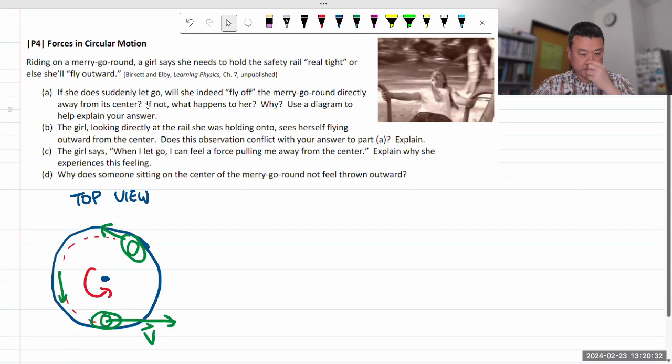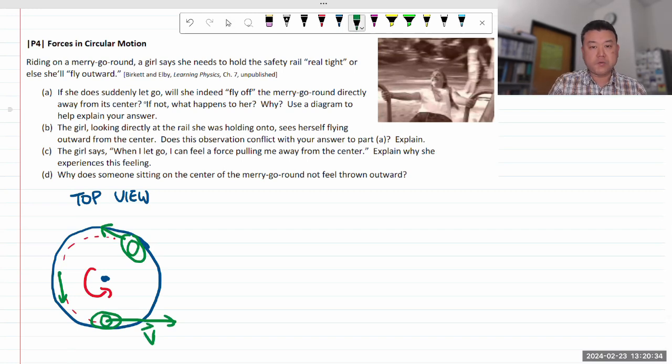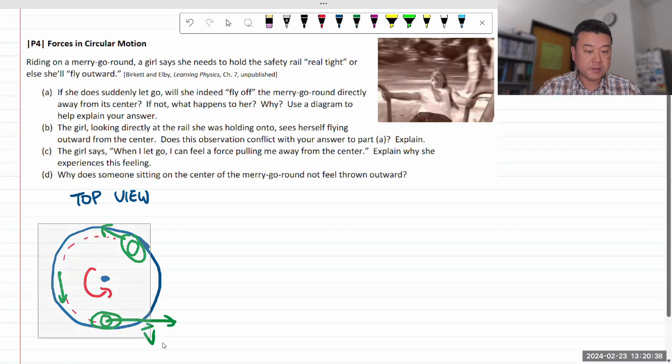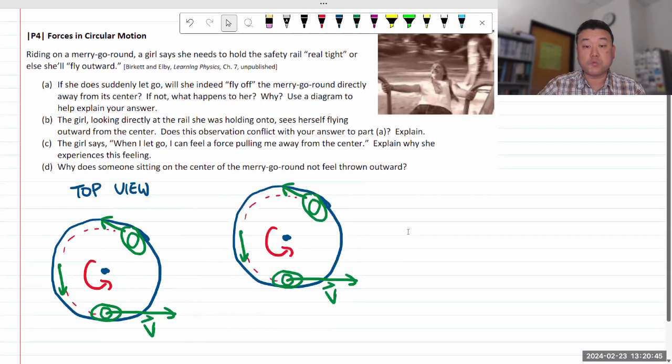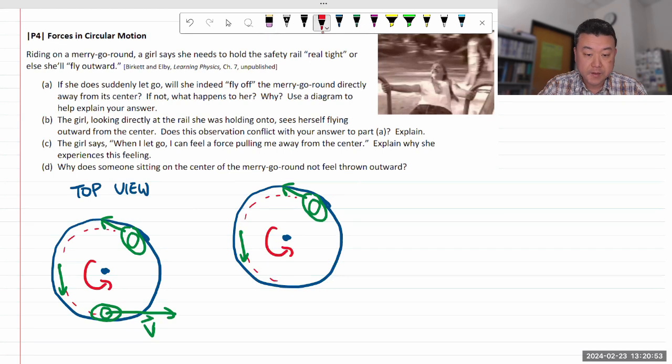So this is what it would look like if she was moving directly away from its center. If she flies off directly away from the center, then at some moment in time she'll be here, and she'll be flying off in this direction.